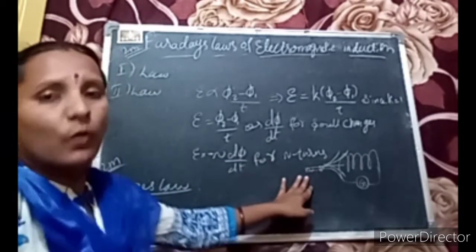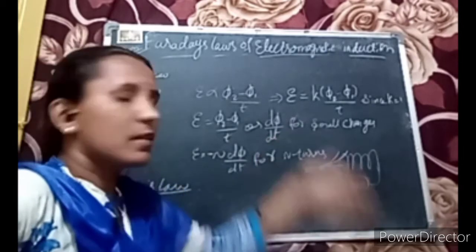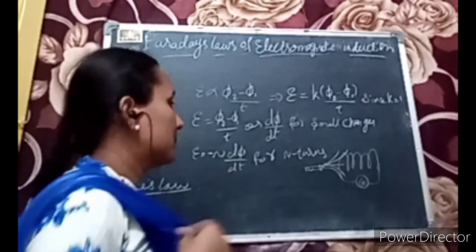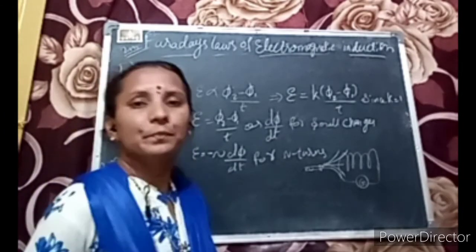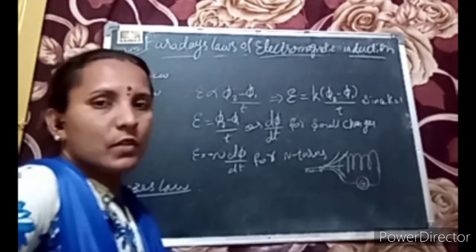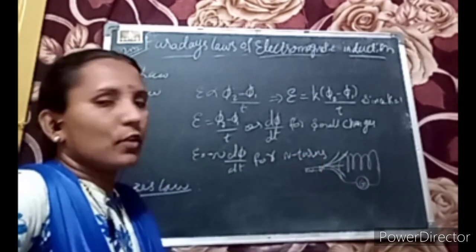This is the coil which is useful in many explanations. Once the magnetic field lines are pushed towards the coil, these magnetic field lines are going to push the electrons.